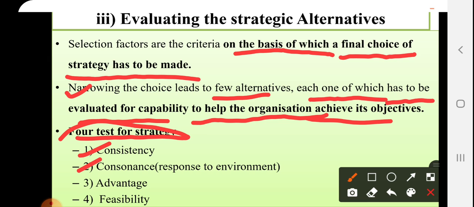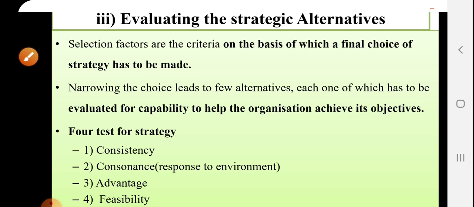Then common sense response to the environment: if there is a sudden change in the environment or sudden shift in the factors, how will this strategy react? Then advantage: what kind of advantages will these strategies offer to the companies? Then the feasibility of your strategies, like economic feasibility, environmental feasibility, marketing feasibility, and other things.